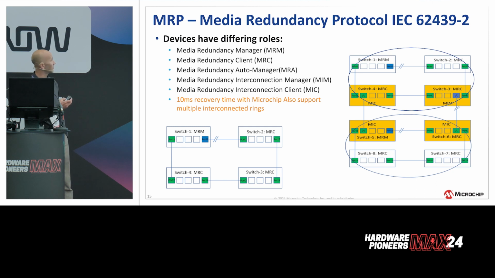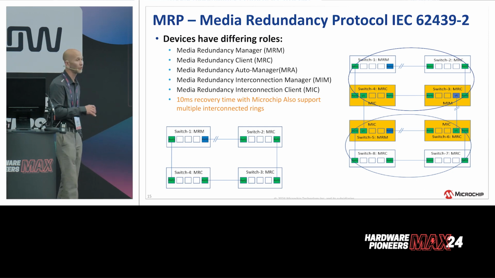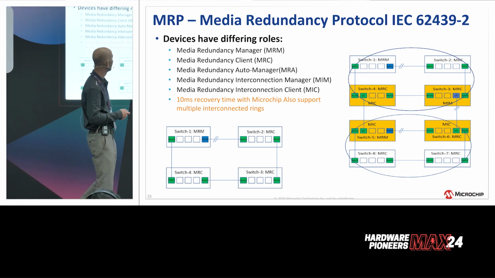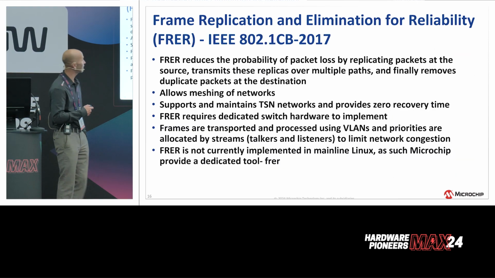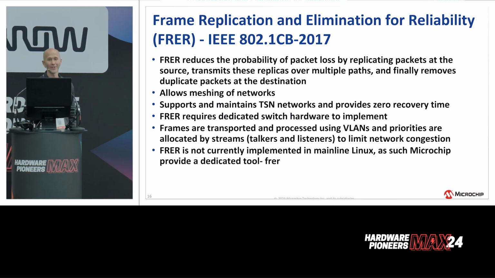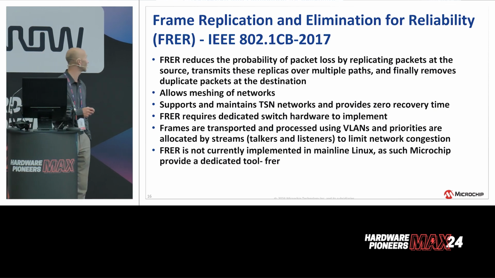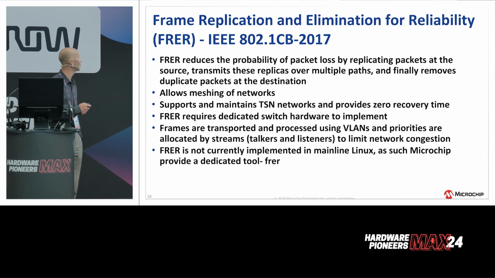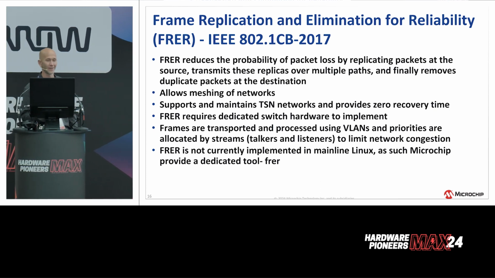On the right-hand side there, you can see two rings separated by almost a parallel ladder, which brings me onto the FRER implementation, the frame replication and elimination for reliability. Rolls off the tongue very seamlessly, and it is IEEE 802.1CB-2017.